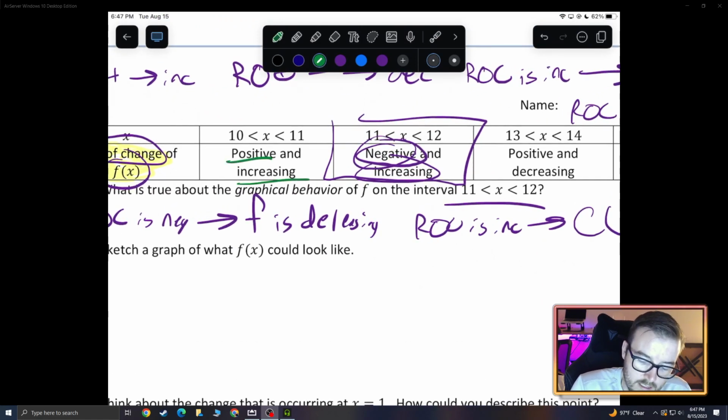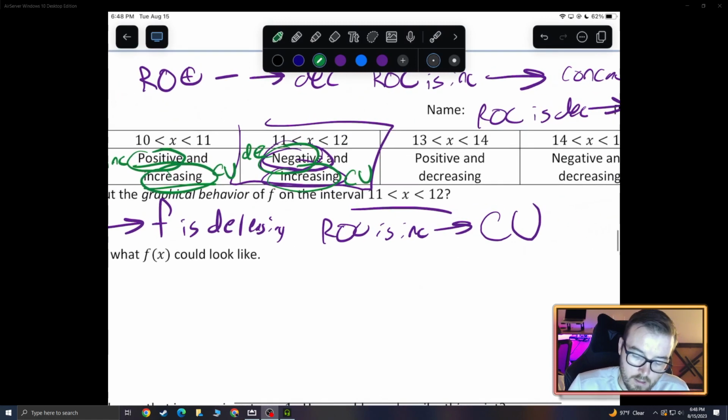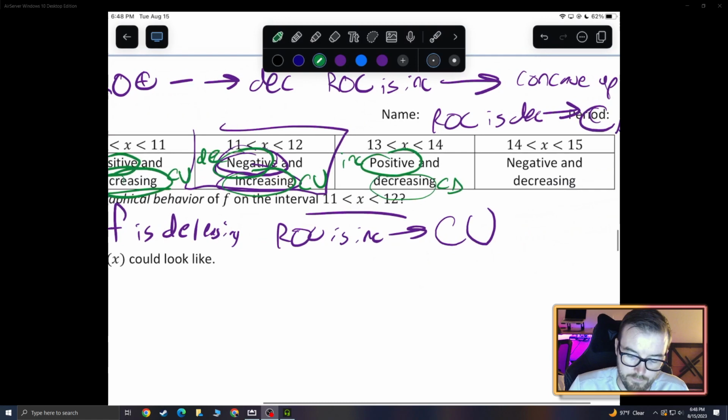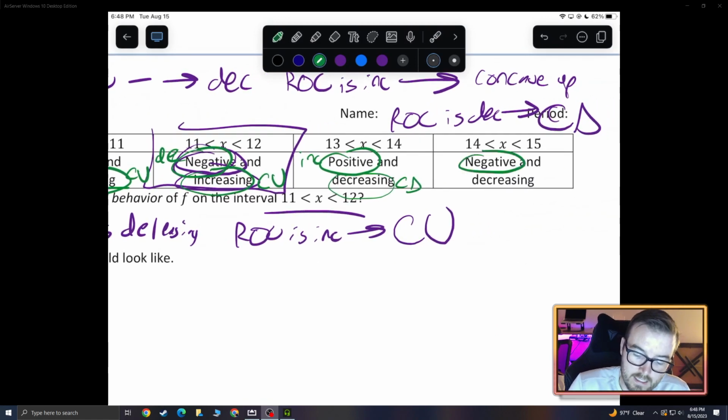Positive and increasing means f is increasing and f is concave up. Negative means f is decreasing but still concave up. If it's positive, it's increasing now, and if the rate of change is decreasing, that means it's concave down. If it's back to negative, it's decreasing, but if this is still decreasing, then the graph is concave down.